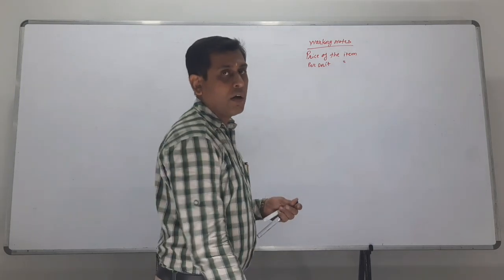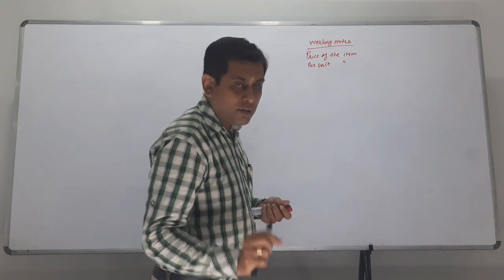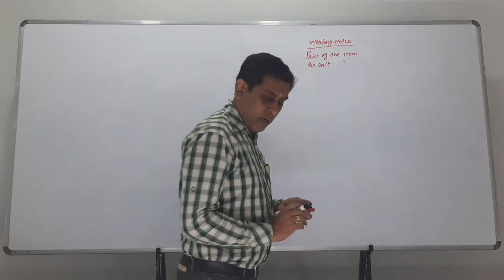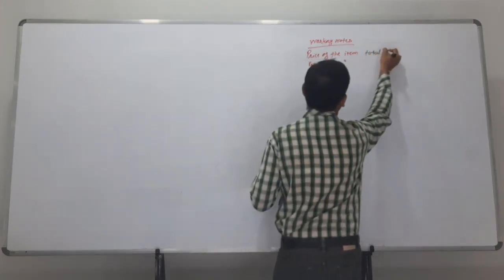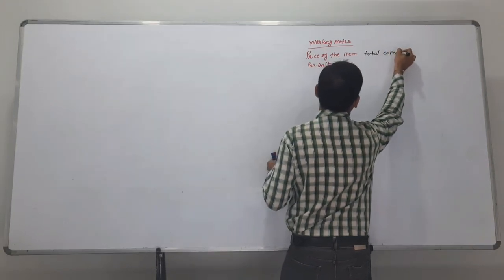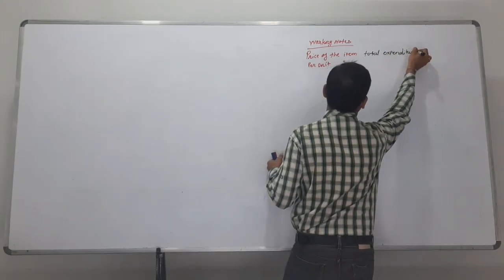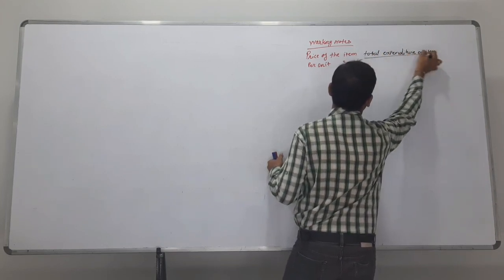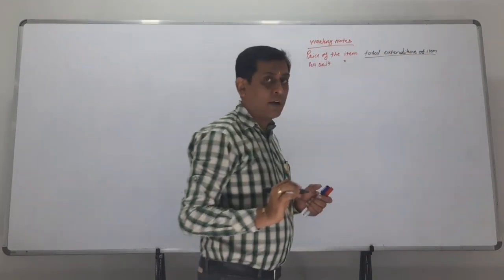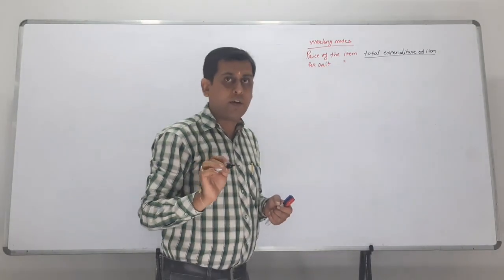Total expenditure of the item divided by consumption. Here consumption is given.